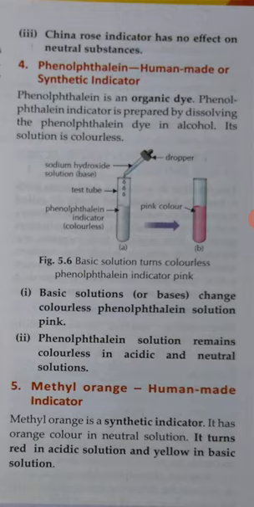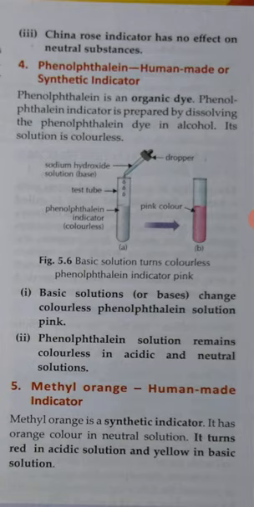Now the fifth type is methyl orange. This methyl orange is also an artificial or synthetic indicator, that is, it is prepared in the industry. Methyl orange itself is orange in color. So it turns red in acidic solution and yellow in basic solution. Again, let's take an example. Take a solution that we want to know whether it is acidic or basic.